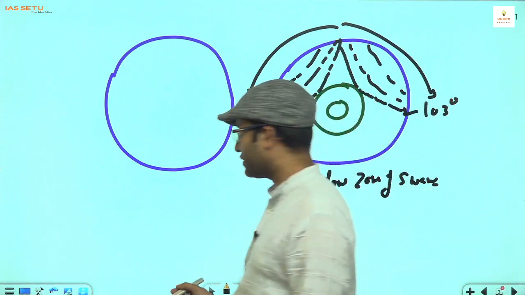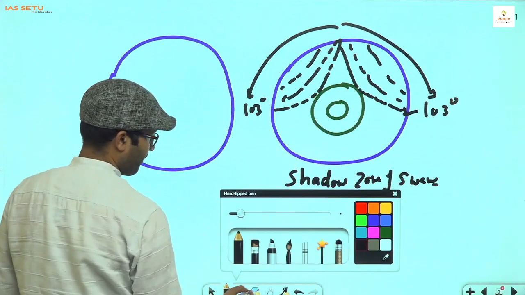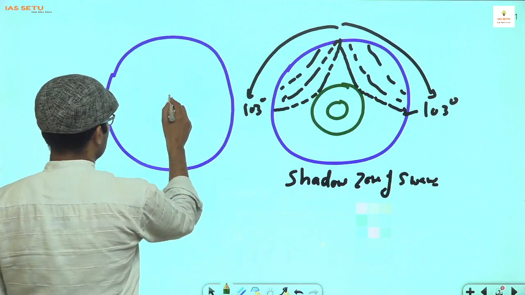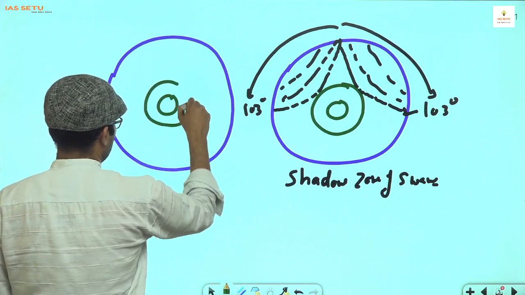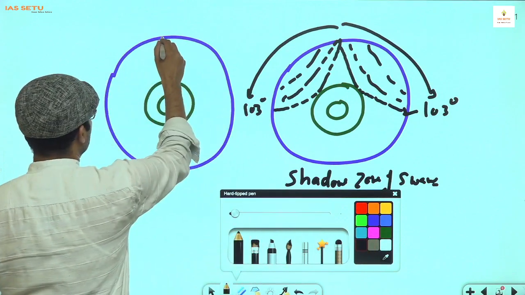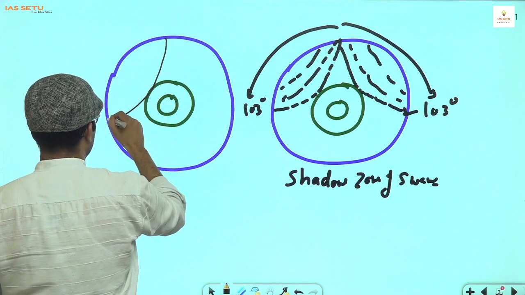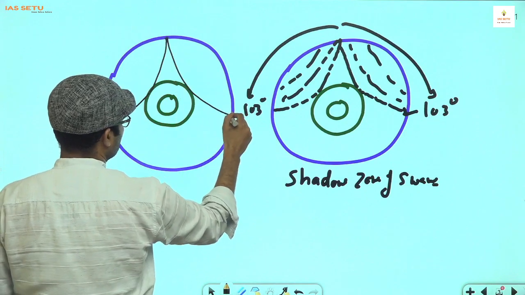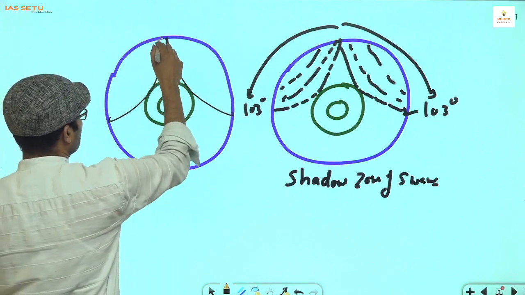Now here this is for P wave. So this is 103 degree only.